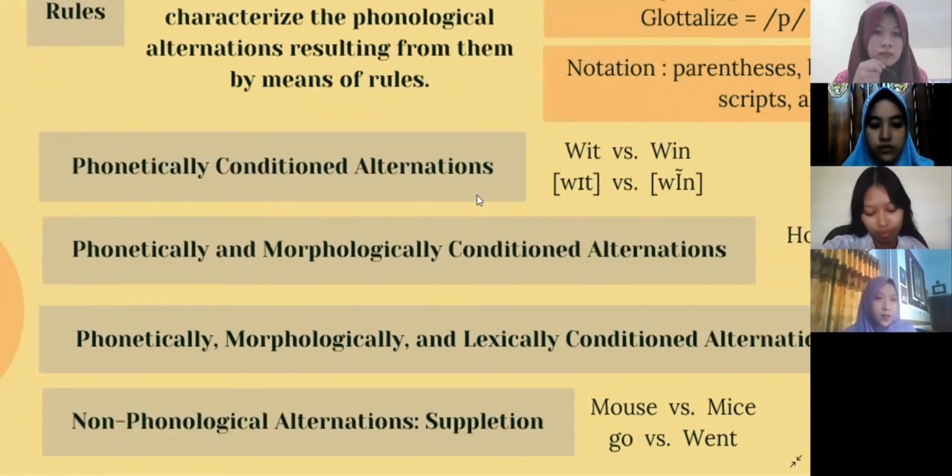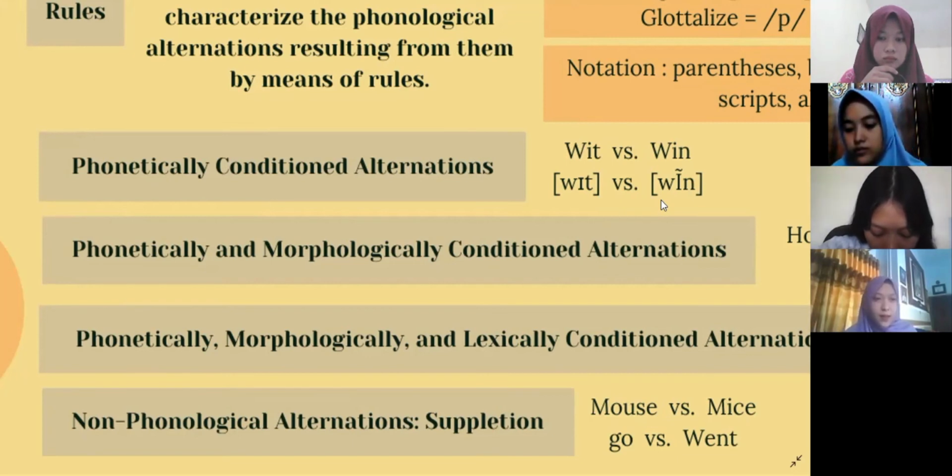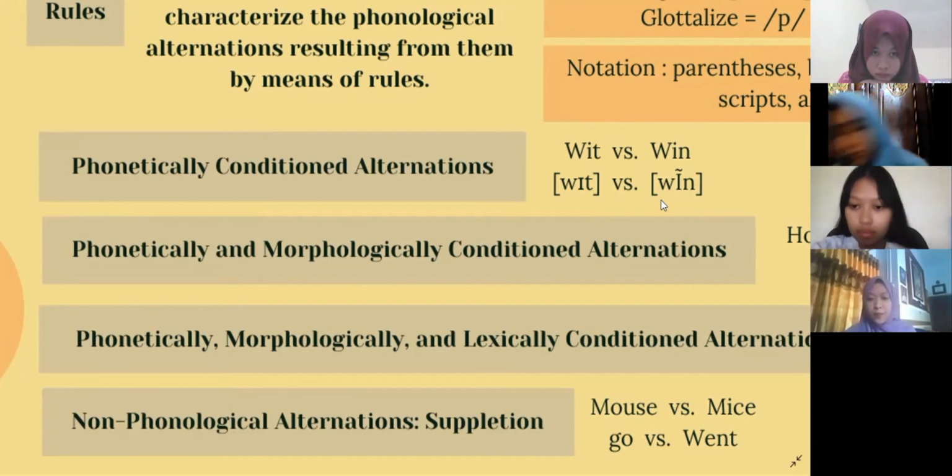These alternations are conditioned purely by the phonetic environment in which the phones in question occur, with no other factors being relevant. For example, in the words with versus win. The rule is if a vowel in English is followed by a nasal consonant, the vowel is nasalized. And the alternation in this type is not obligatory in English.